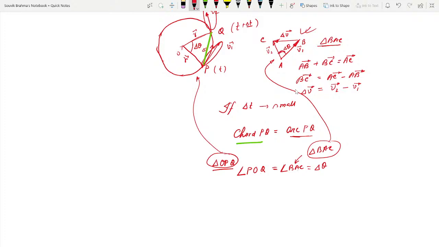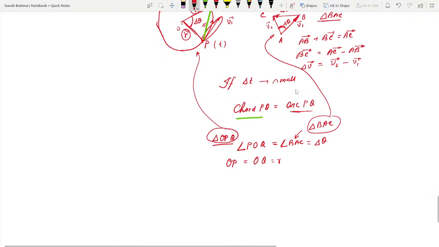So if these are equal, then you can understand another thing also: OP is equal to OQ is equal to R. OP is R, OQ is also R, same radius.